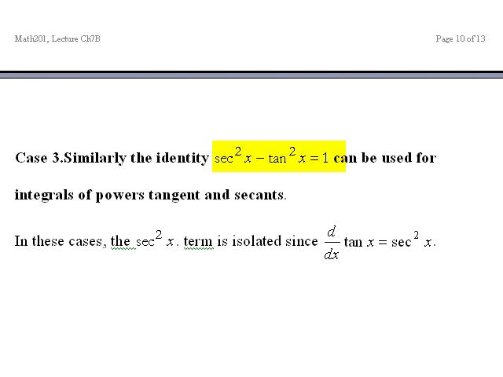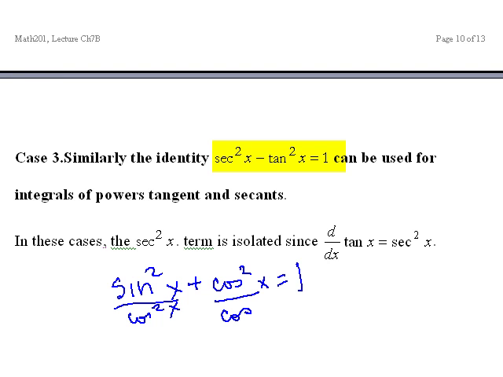If I have sine squared x plus cosine squared of x equals 1, I'm using this Pythagorean identity, but I'm going to divide by cosine squared x. And that's where I get this identity right here. That's used when you have powers of tangents and secants.